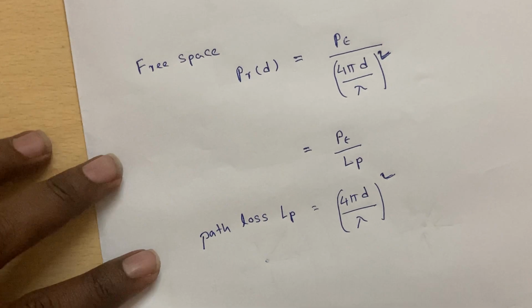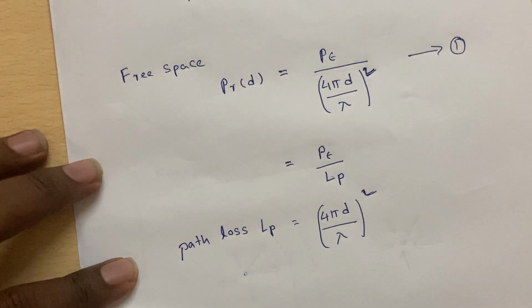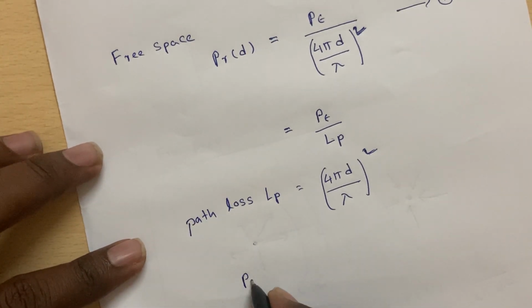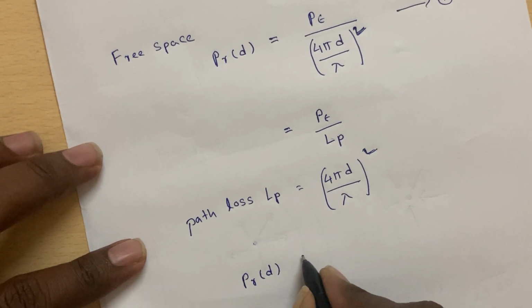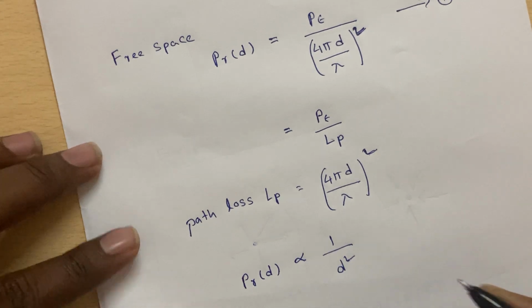Now if you see this equation, the received power is inversely proportional to the square of the distance d.